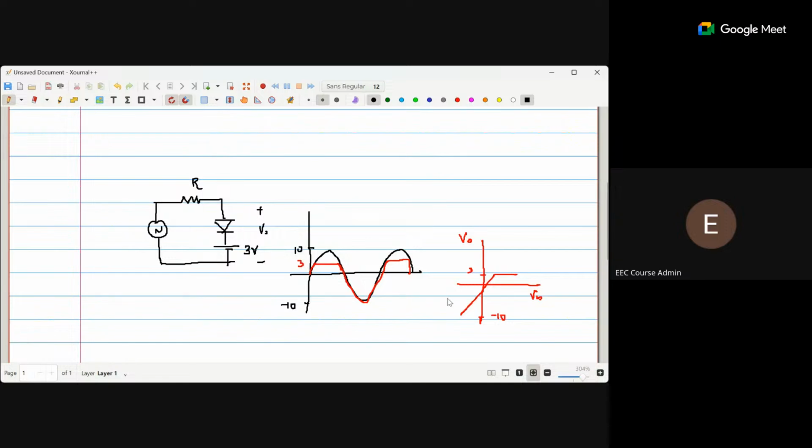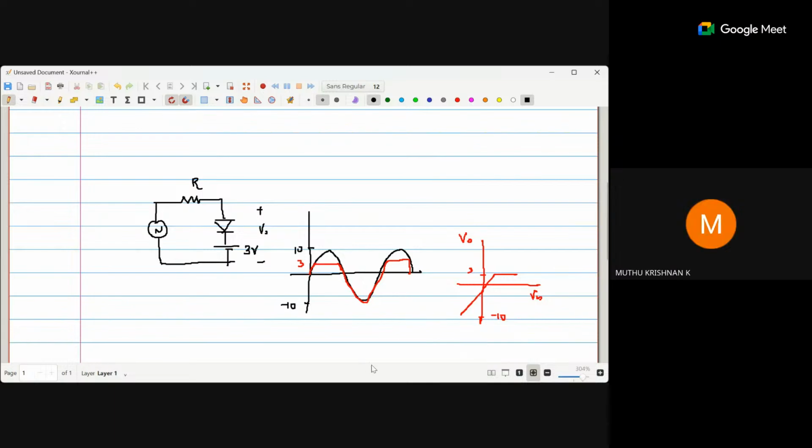You are talking about the negative half cycle, right? Yes. When the diode is reverse biased, I think the slope shouldn't be 1, because there will be some voltage drop across R. But there is no current flowing through R, right? Yes. Got it, ma'am. You're correct.